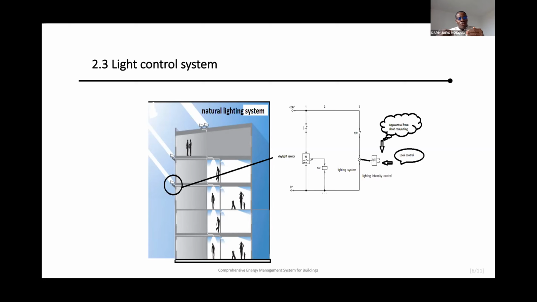On the roof of the building and some perimeter points, we have installed light concentrating lenses that receive solar radiation and then channel it through single mode fiber optic to points inside the building.